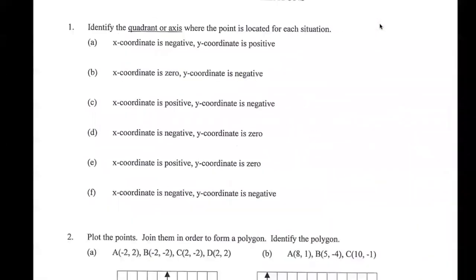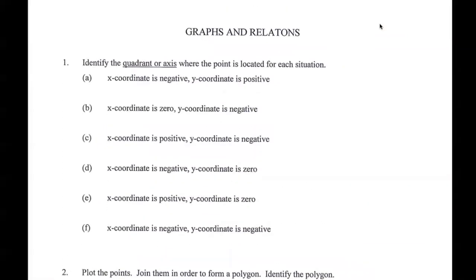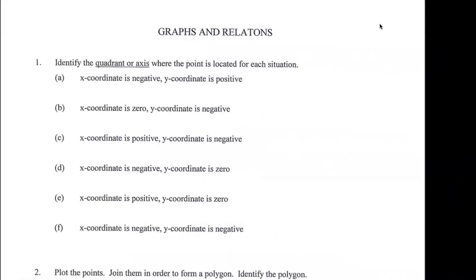So now let's look at the question. It says, identify the quadrant or axis where the point is located for each situation. Let me draw this again here. We have an x-axis and a y-axis, and remember these are both real number lines. This intersection is called the origin.